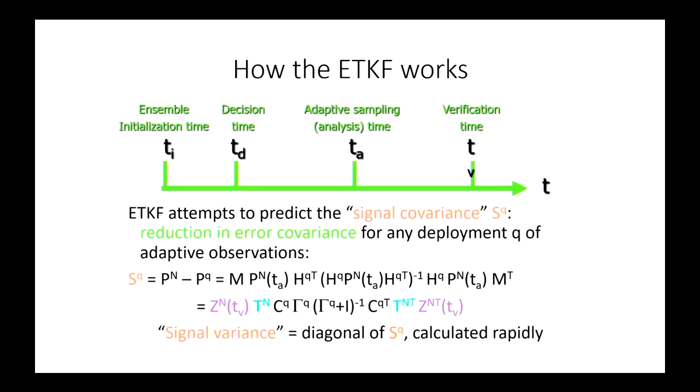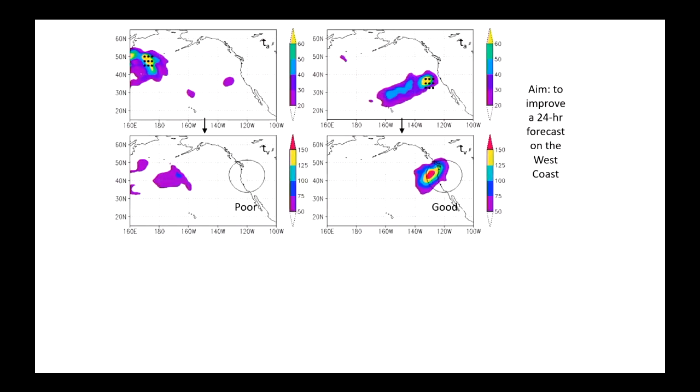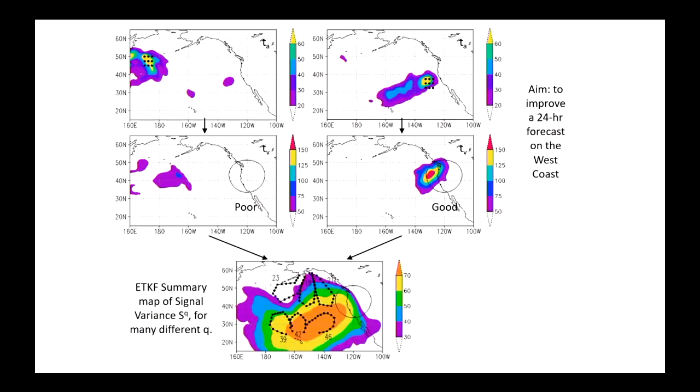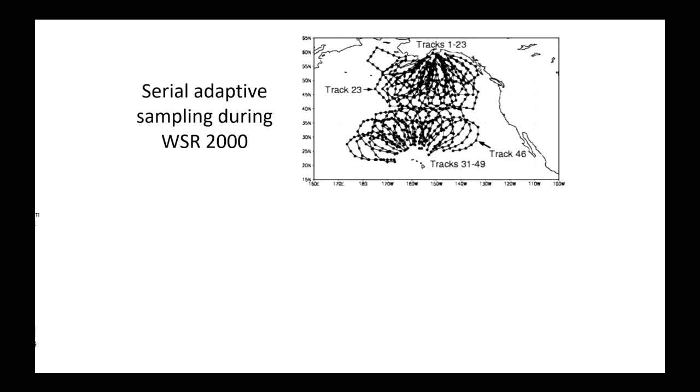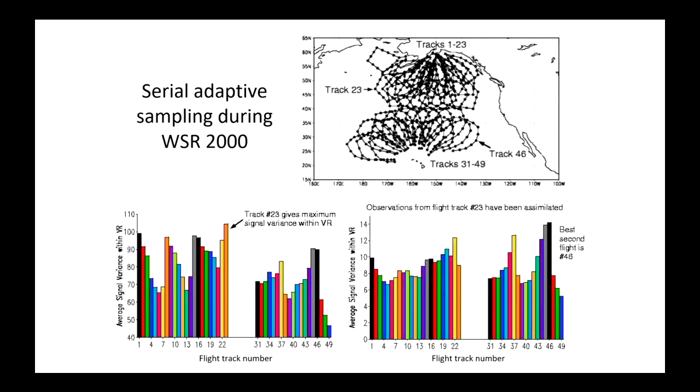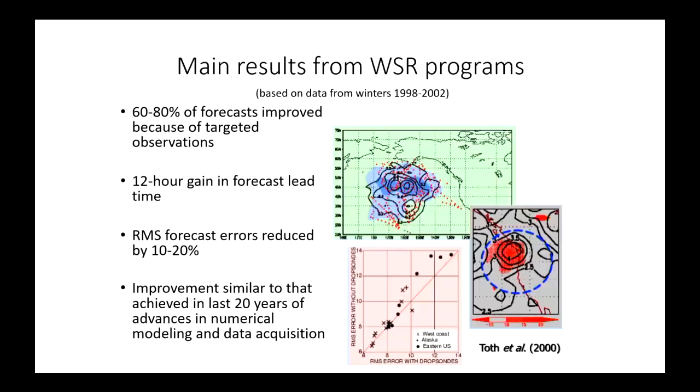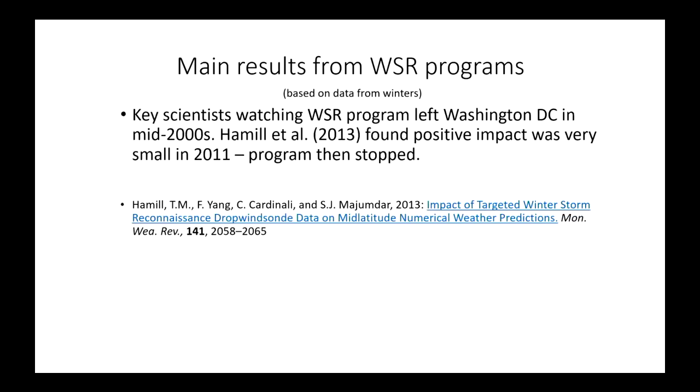I won't really talk about the other stuff, but this is stuff associated with directing planes, where to take observations to improve forecasts. And we had a program going on this through the 2000s at NCEP, and when we first started it, it really gave a lot of improvement, about equivalent to 20 years of advances in numerical modeling and data acquisition.